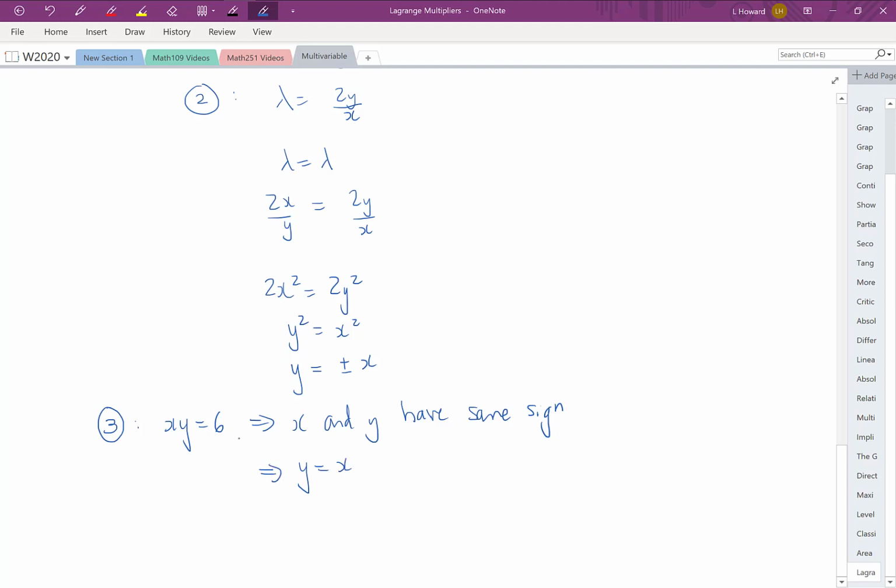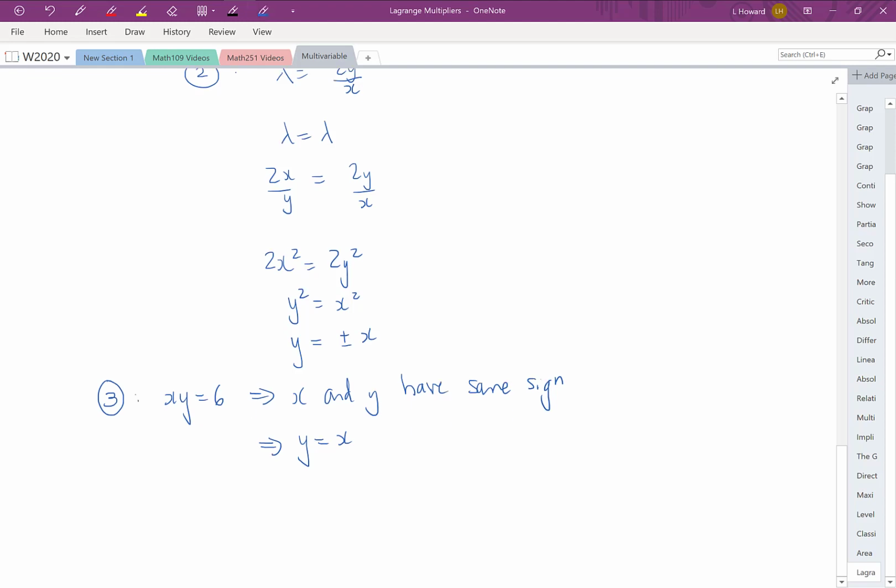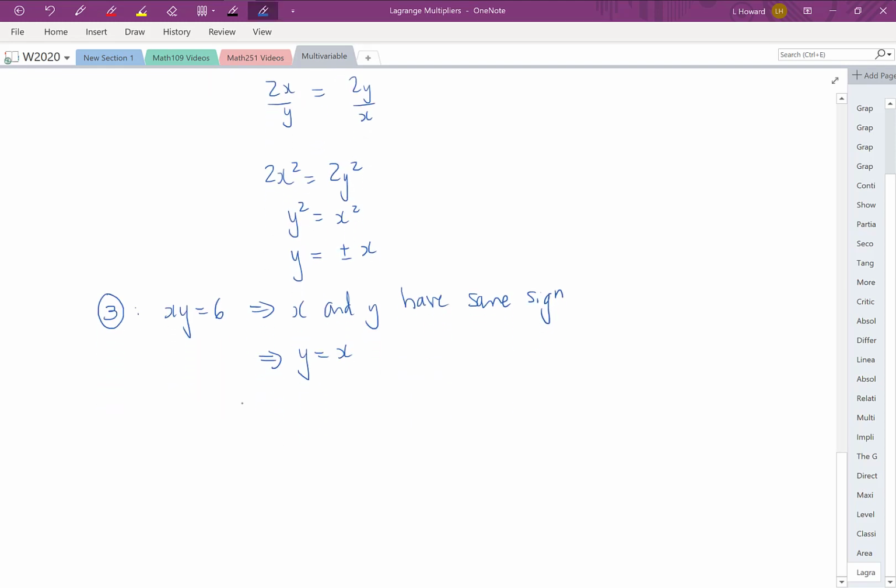Okay, so already just by looking at that constraint, we've got a bit more information. And in fact, if we now plug y equal x into our constraint, we're going to get exactly our x values. So let's put y equal x into that equation 3.